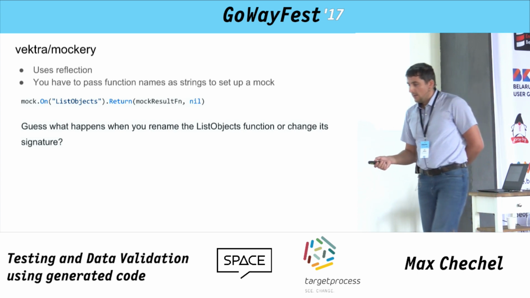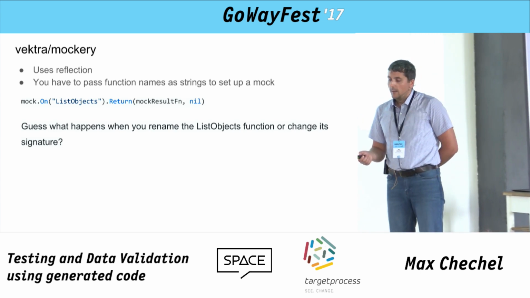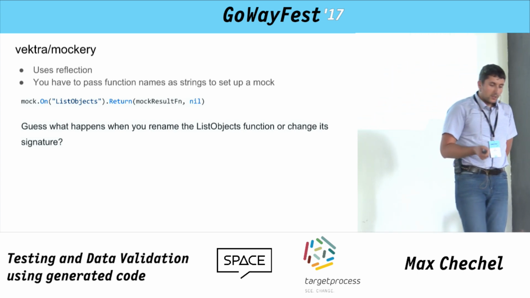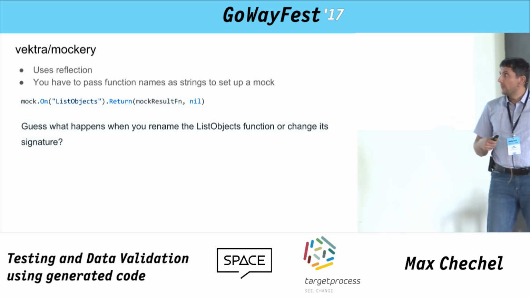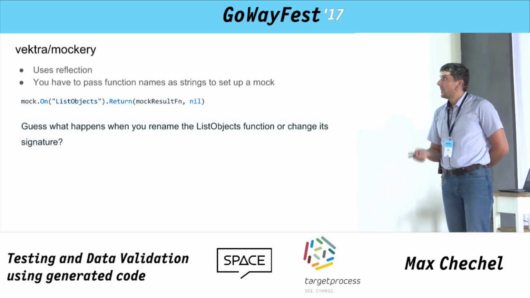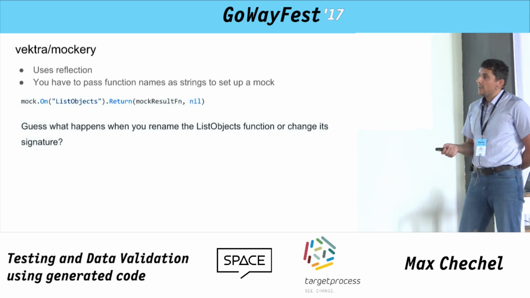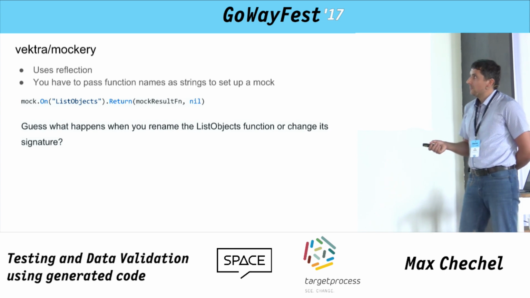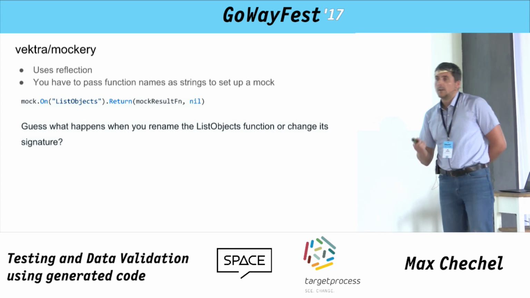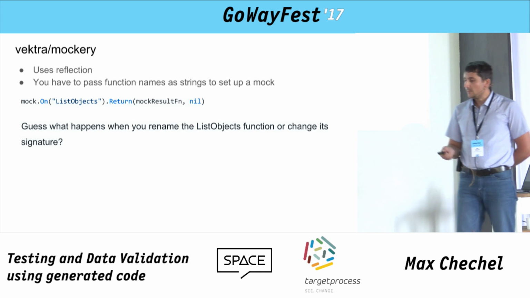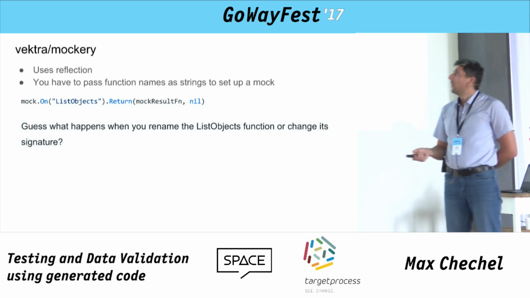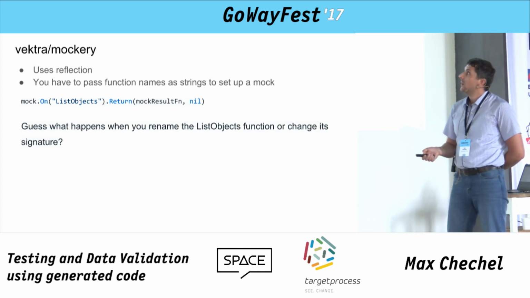Your test will still compile, but you'll get lots of errors from the tests. And in such cases, I would prefer just to see the compilation errors that we're used to seeing when we compile our Go programs.